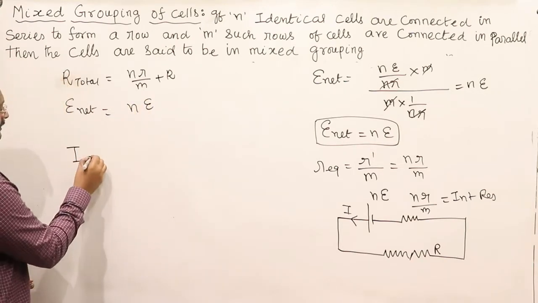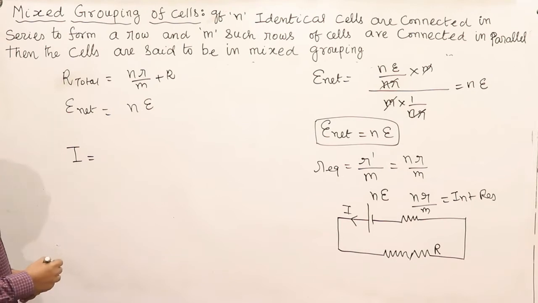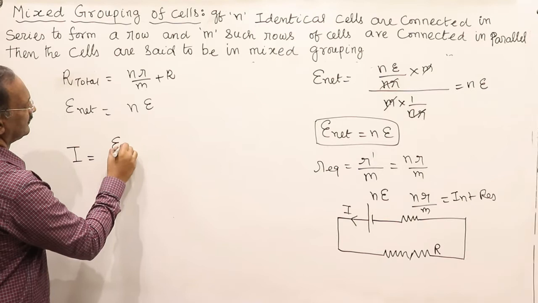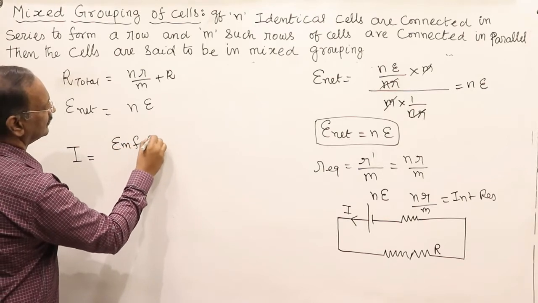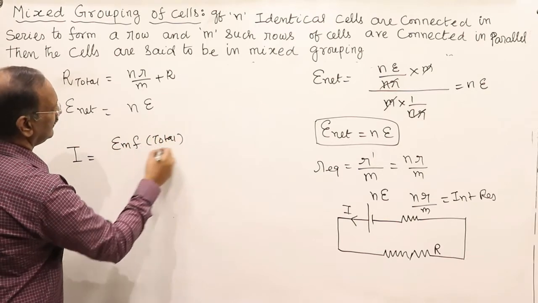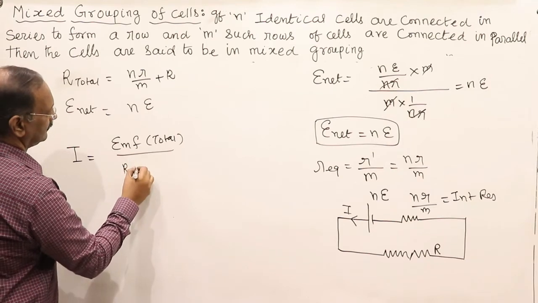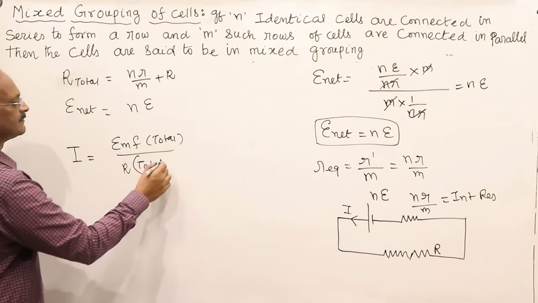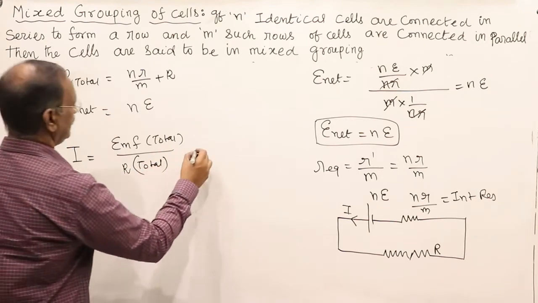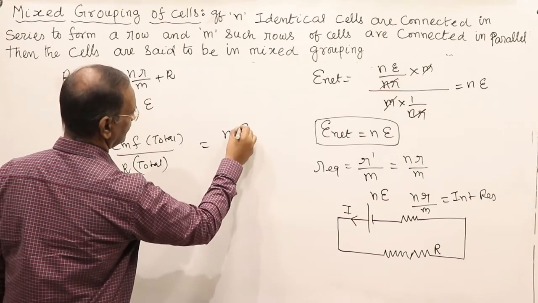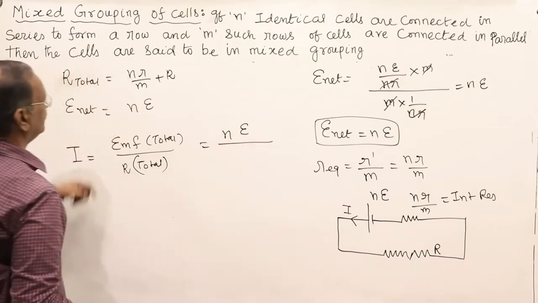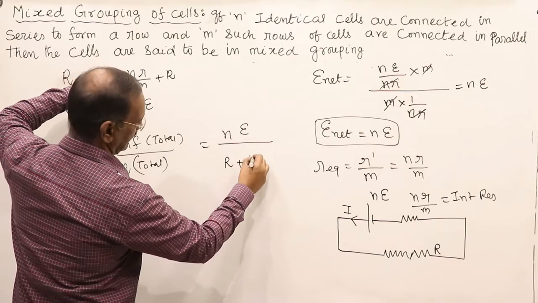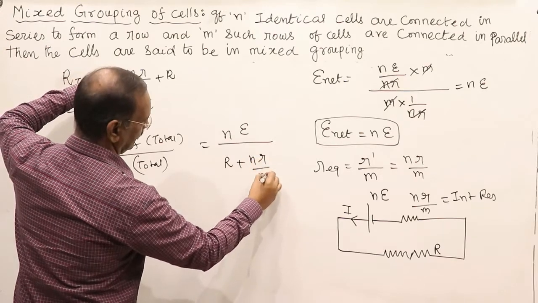So the current through this is equal to EMF total divided by R total, resistance total. It includes external resistance plus internal resistance. EMF total is N times epsilon naught, divided by R plus nr by m.